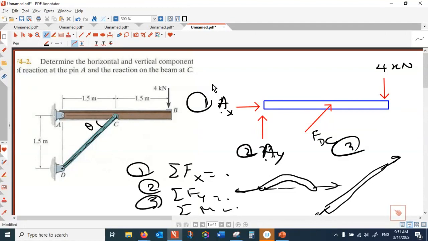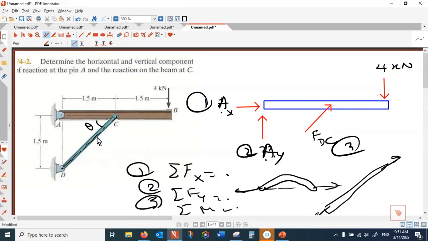This is a two-force member. And the only way this is at equilibrium is for the forces to be axial, in opposite direction, equal size, equal magnitude. So that is how we know the direction of FDC. Because this is action-reaction.